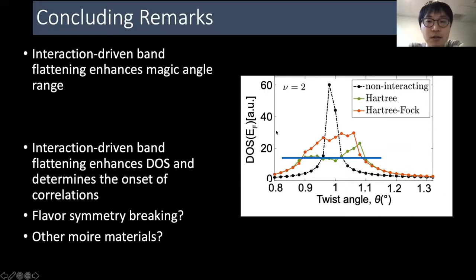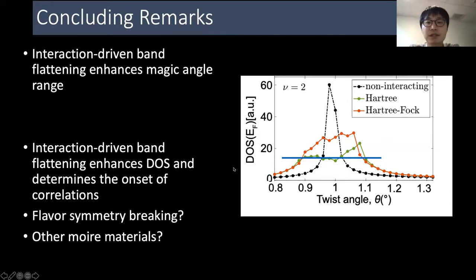Our calculation also shows that the interaction-driven band flattening enhances the magic angle range. If we assume that the threshold density of states for correlation is probably this much, then in a non-interacting model, we expect correlation happening only in this narrow range, but including interaction results in a much wider angle range, which agrees with experiment.